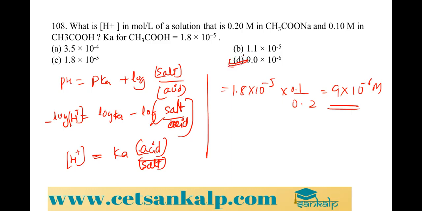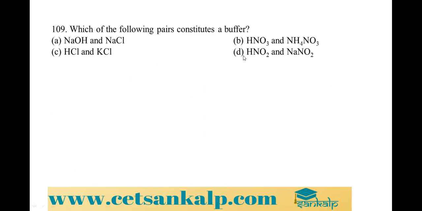I hope it is understood. Which of the following pairs constitutes a buffer? NaOH and NaCl, HCl and KCl, HNO3 and NH4NO3. A buffer is a strong acid and its salt with a weak base, or a weak acid and its salt with a strong base.